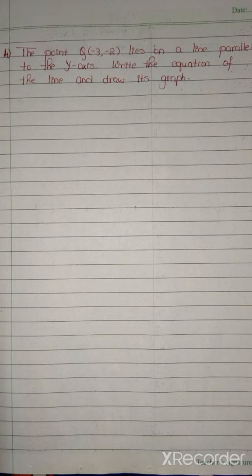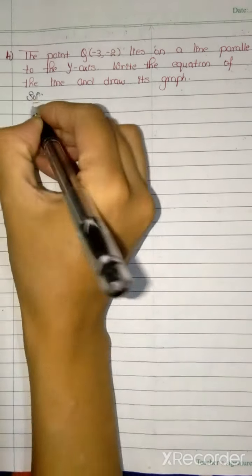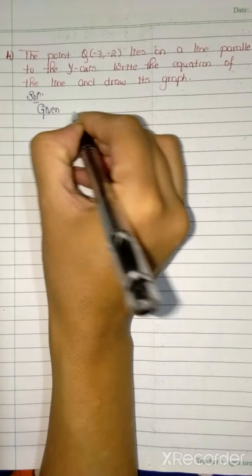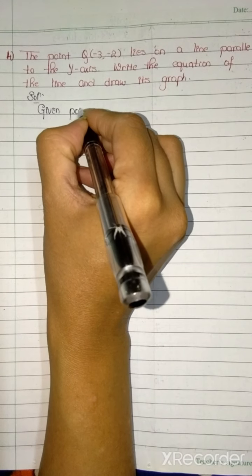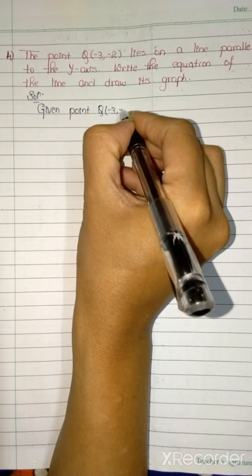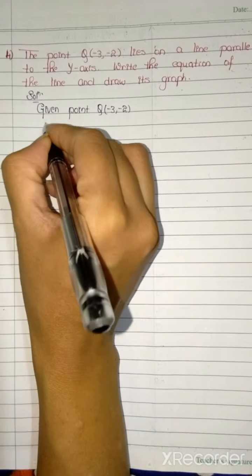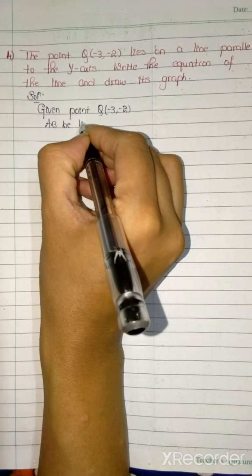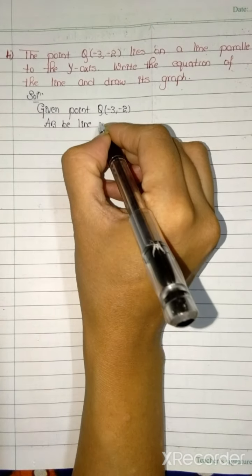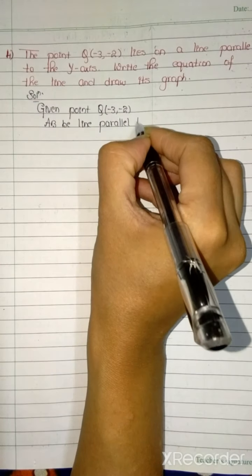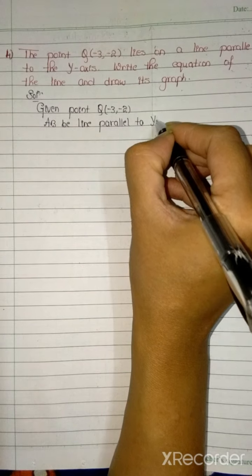So here the solution: the given point is Q, which is minus 3 comma minus 2. So consider AB be the line parallel to the y axis.